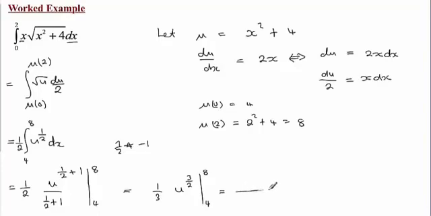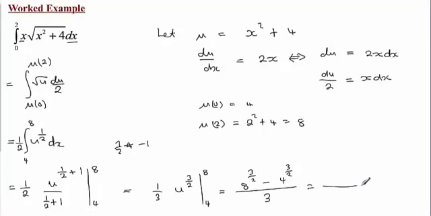So what you're going to have here is a fraction, just put it in the numerator 3, then we've got 8 to the power 3 over 2 minus 4 to the power 3 over 2. I hope you remember that if you've got a rational exponent like this, the denominator says square root, so you can say square root of 8 to the power 3, and here we've got square root of 4 to the power 3.